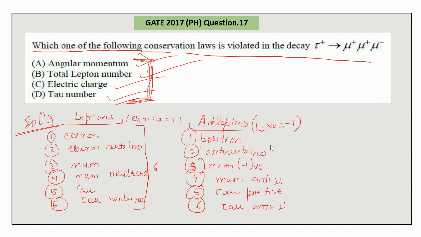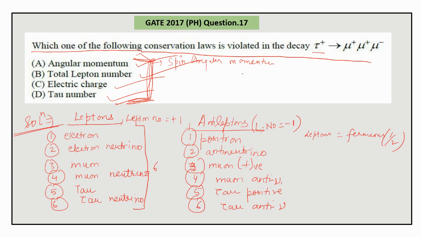Now, if you see in this question, leptons are fermions, right? Spin half particles. So, angular momentum is not specifically defined in this. So, I am taking it as spin angular momentum, because it is not mentioned.